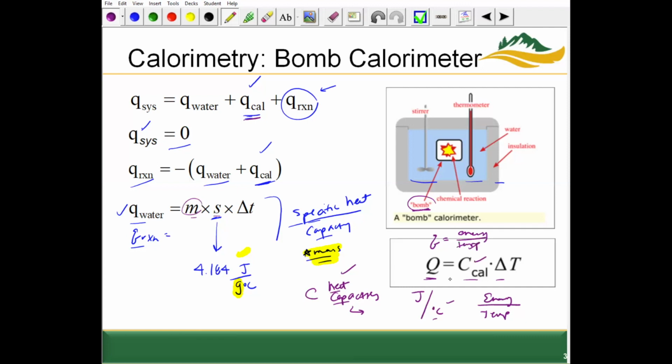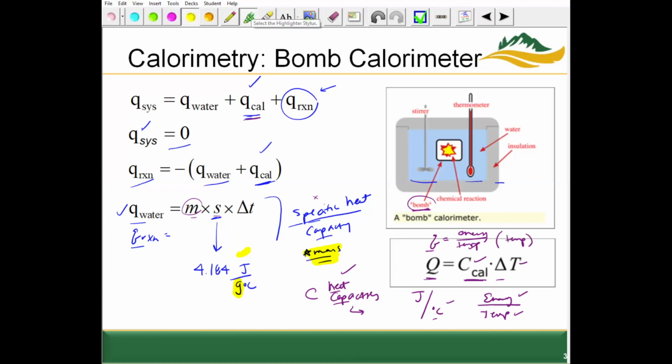That's the heat capacity, but not a specific heat capacity. To calculate heat for something with an associated heat capacity, all we need is the heat capacity in energy per temperature multiplied by a change in temperature.